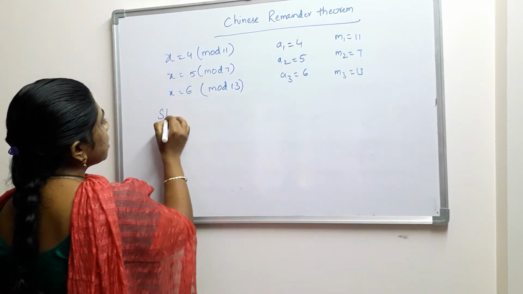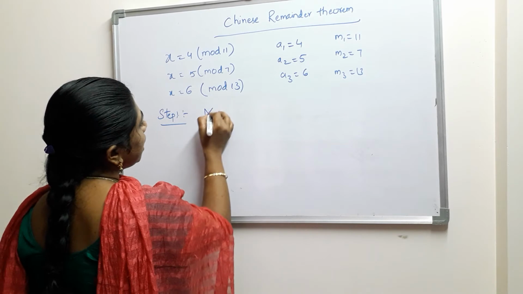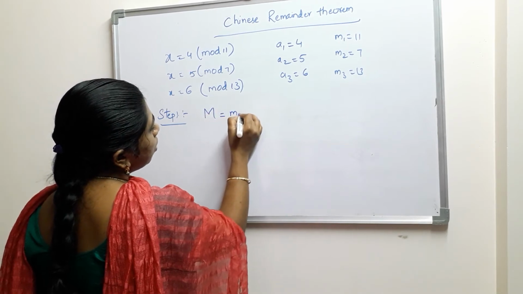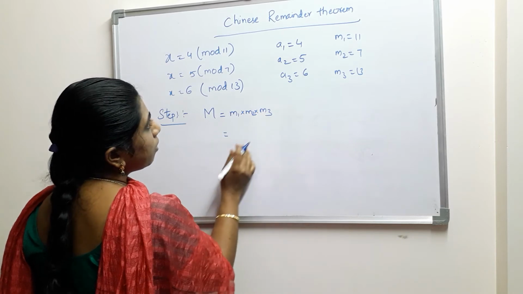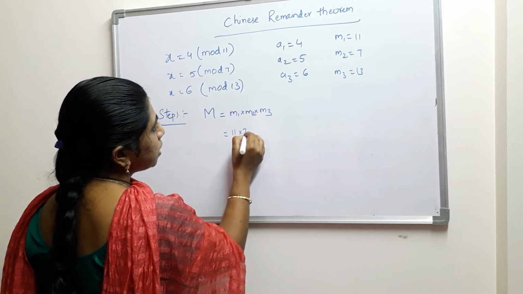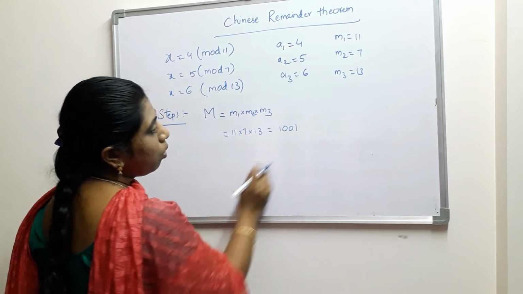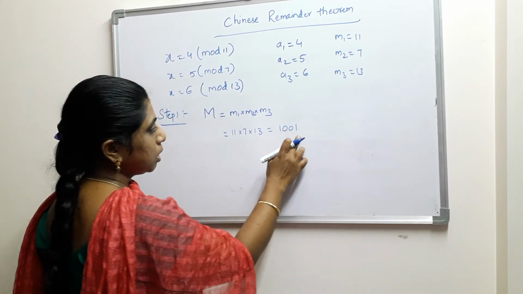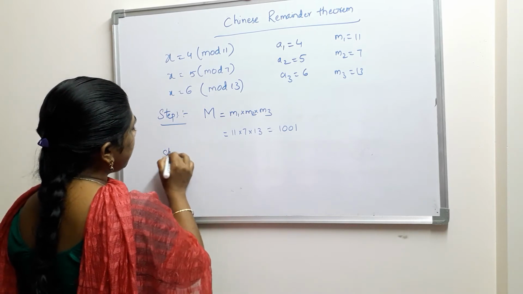Now coming to step 1, we need to find the m value. So m is equal to m1 into m2 into m3, that is 11 into 7 into 13, which gives 1001.